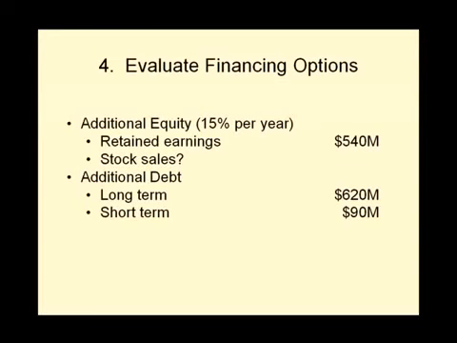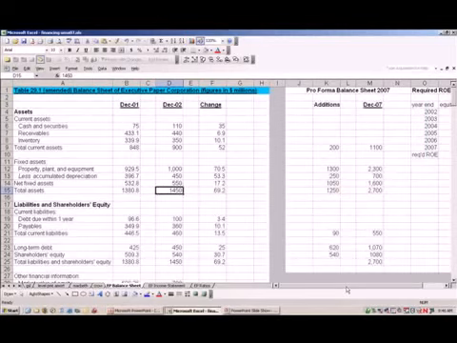Now let's see how we go from the firm's current balance sheet to its balance sheet in 5 years by accommodating the new asset requirements and new financing options. We're going to use Executive Paper Corporation as our example firm.